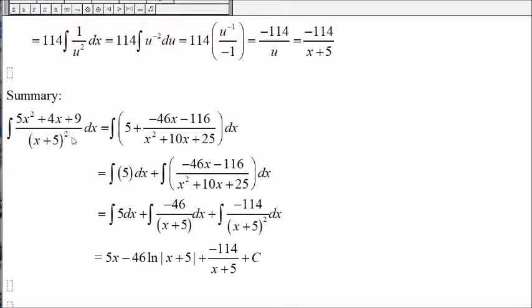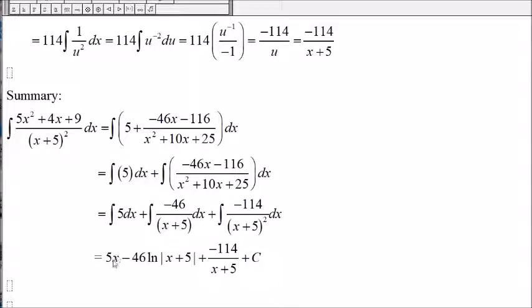And so in summary, this is the original integral, and what we did first was polynomial long division, and this is what we end up with. And then next, we decomposed this quotient right here, and that comes out to be negative 46 over x plus 5 and 114 over x plus 5 squared.